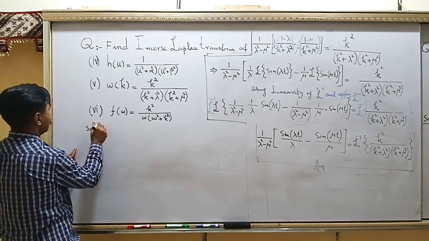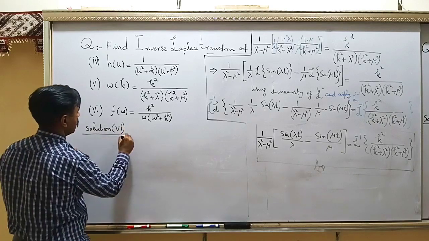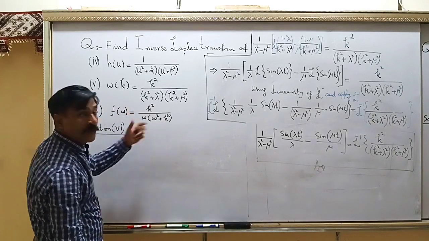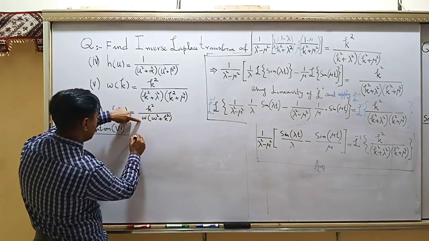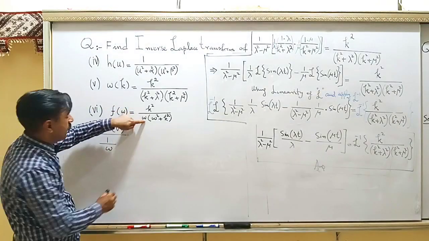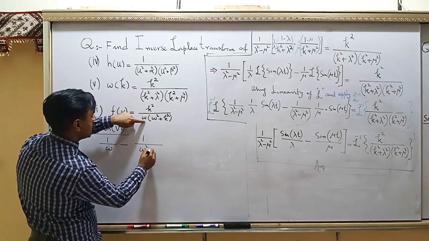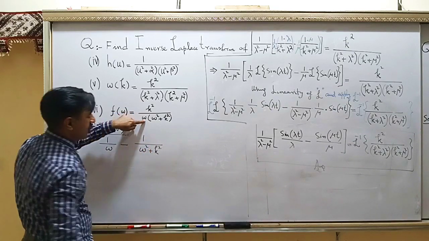Solution to problem 6. You need to write them as separate factors, I mean 1 over omega, this is factor number 1, and then minus 1 over omega square plus k square, right?